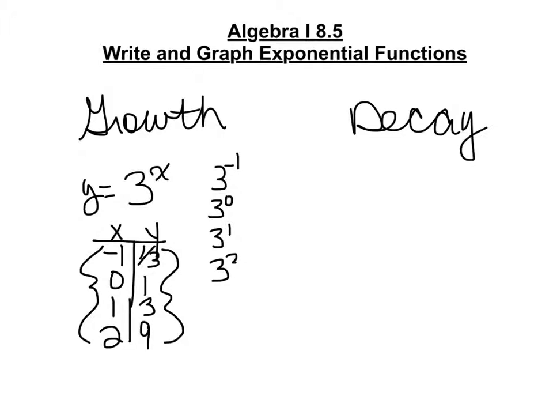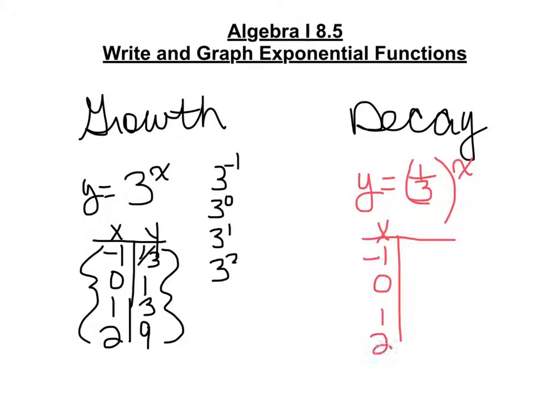On the flip side of that, if you have y equals 1/3 raised to the x, and we do the table of values here, and we put values in for x, the same values that we used in the previous problem, -1, 0, 1, and 2, we're going to figure out our y value.